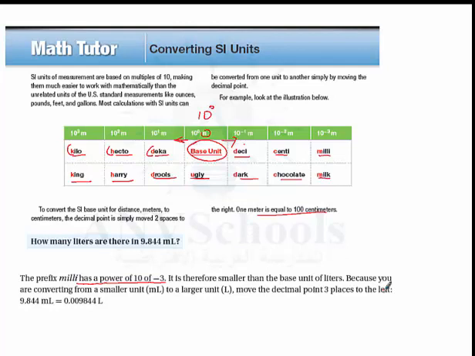So if this is what you have been given as the milliliter, and you want to convert it back into liter, then you will move 1, 2, 3 steps to your left.